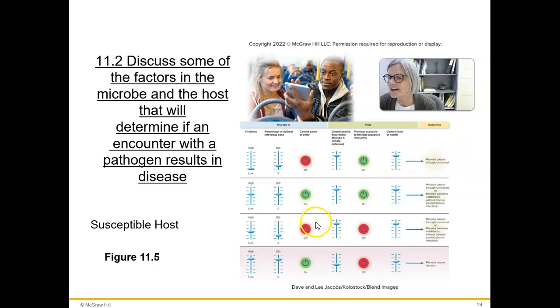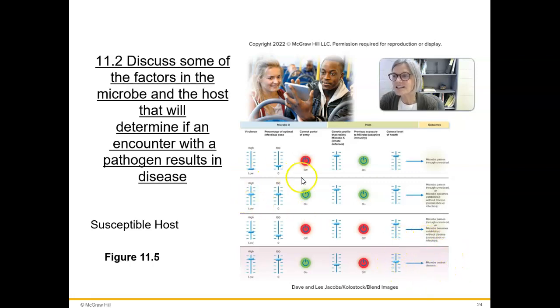But if we look at other examples, we might say if the virulence of the pathogen is high and the person got exposed to a lot of it and it got through the right portal of entry, and on top of that, the person doesn't have any antibodies because they've never been exposed to the pathogen, and they're in moderate health, they might very well get sick.